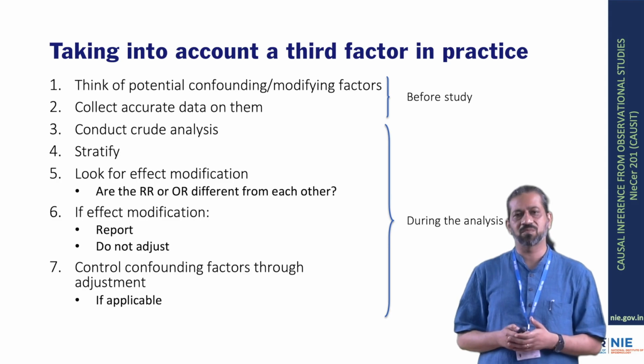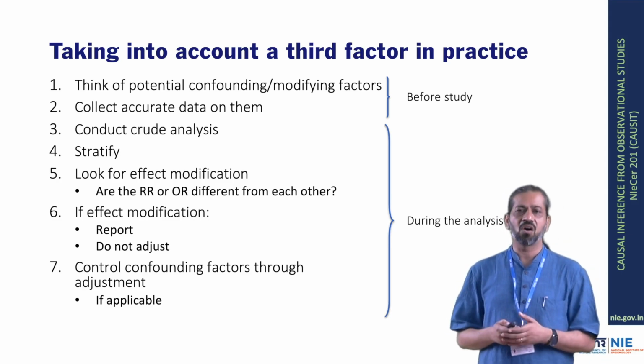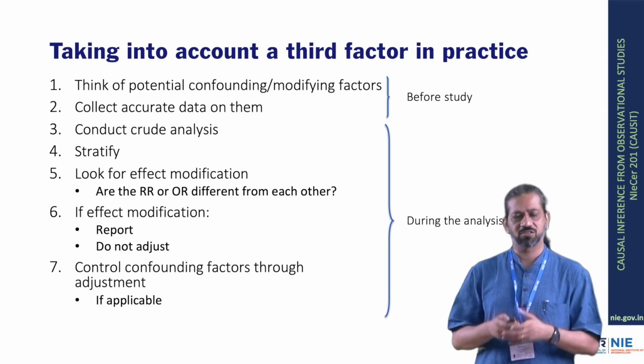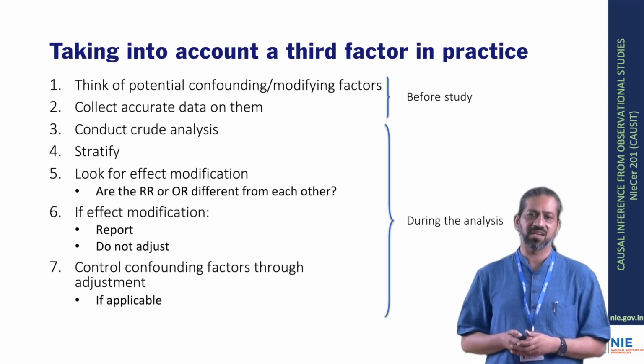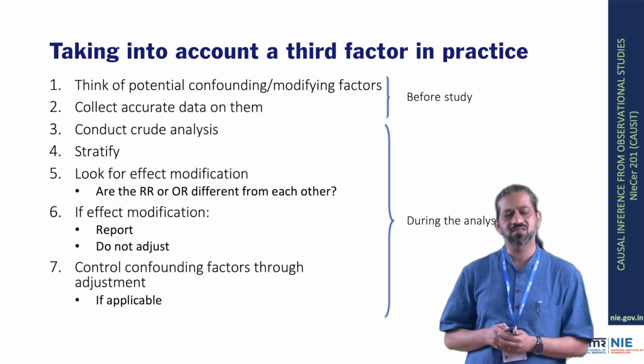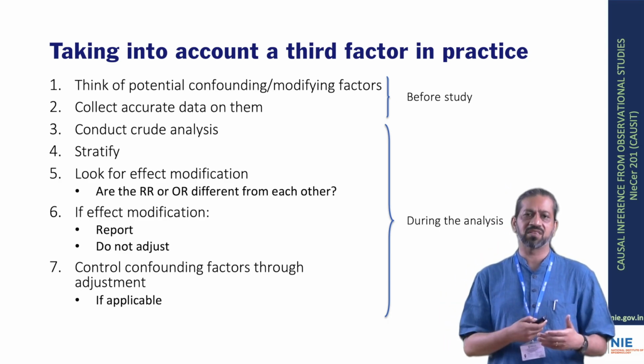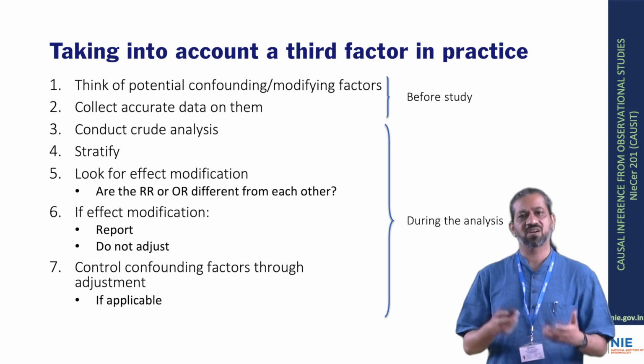And that would be based on a good review of literature and a good understanding of the study population or the source population in which the study is being designed. Once we have a certain list of these potential confounders and modifiers, we would want to collect accurate data on them along with data on the exposure and the outcome.